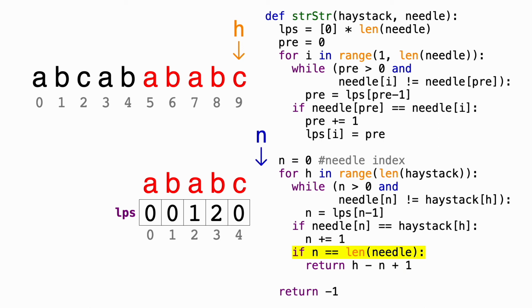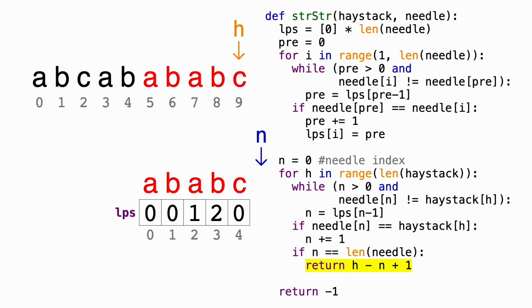But now let's think about which index we need to return. h points to the end of the needle in the haystack, but we want the starting index, so we're going to do h minus n. However, since n is actually one index past the last character in the needle, that would actually put us one character too far behind. So that's why the correct index to return is h minus n plus 1, which is 9 minus 5 plus 1, which correctly gives us index 5, and we're done.